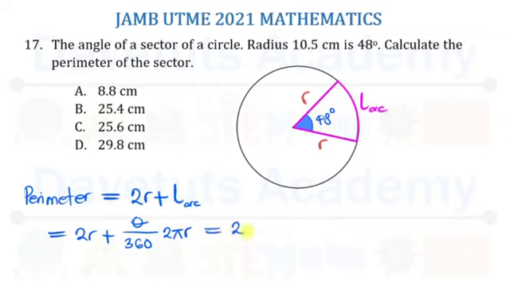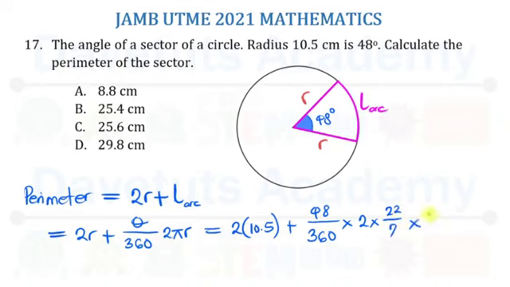So r we're given as 10.5, so 2 times 10.5 plus, theta is 48 degrees over 360 degrees multiplied by 2, pi is 22 over 7, then multiplied by r, which is 10.5 again.